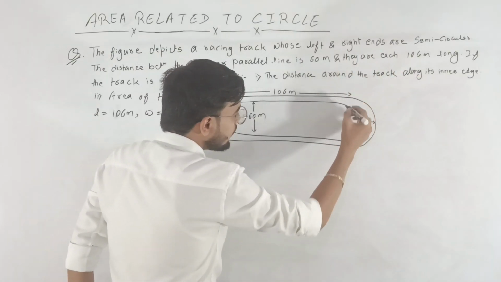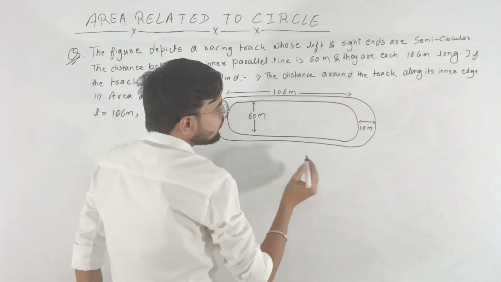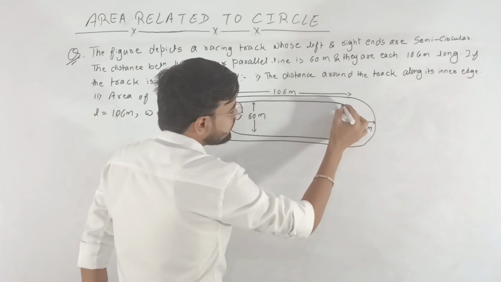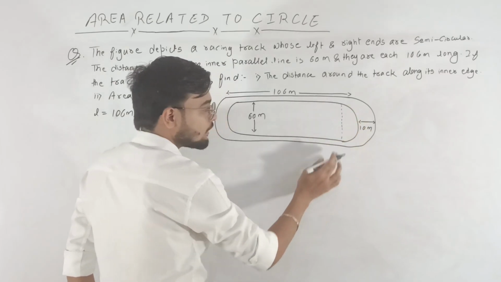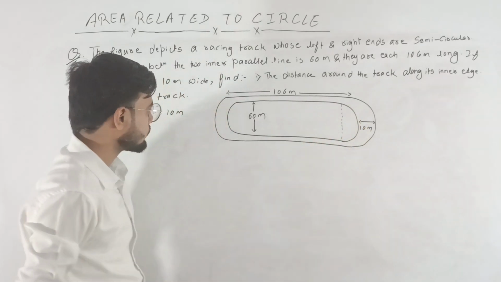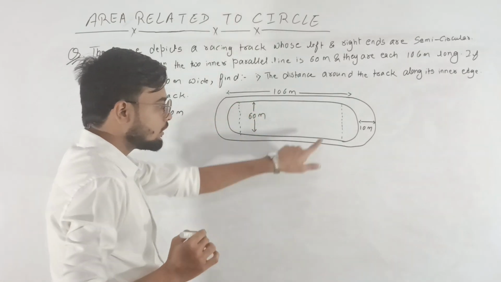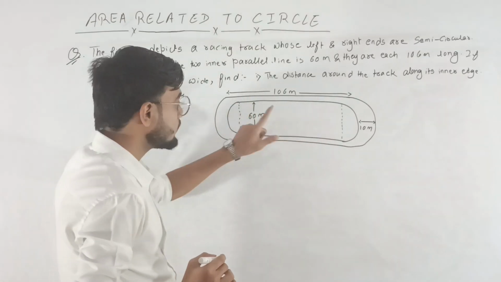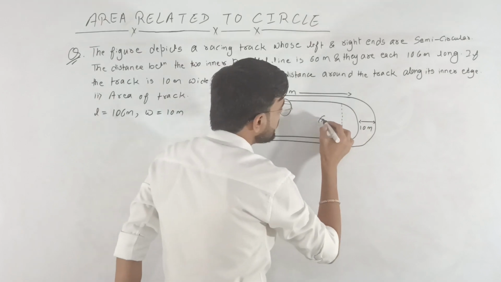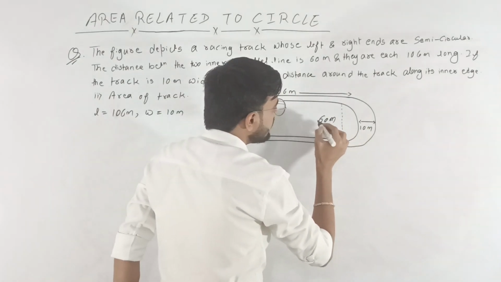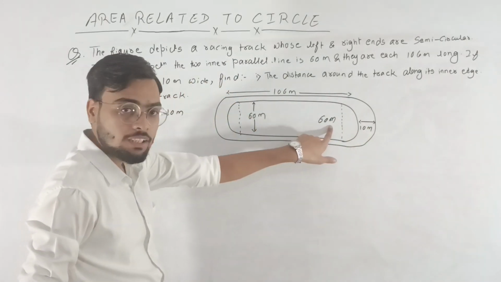So this is a semicircle, and this one is also a semicircle. This is the diameter for this inner semicircle, and this is the diameter for this inner semicircle. Now the length of this diameter is given as 60 meter. Then the radius is 30 meter.